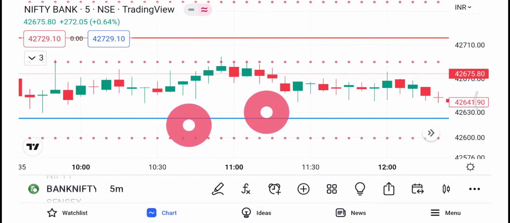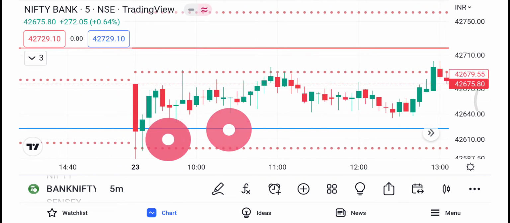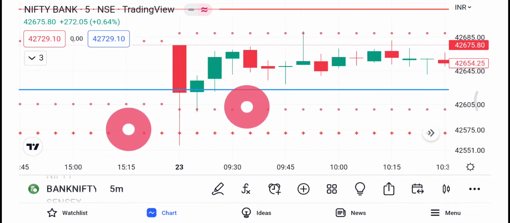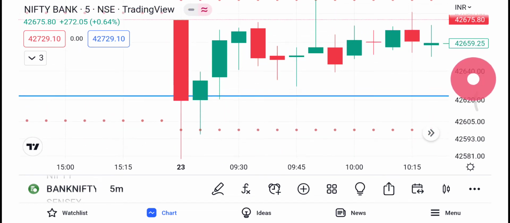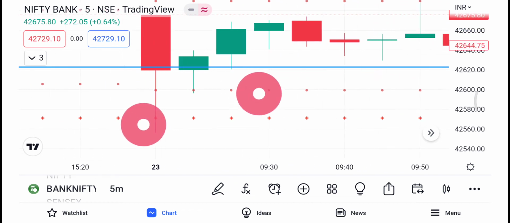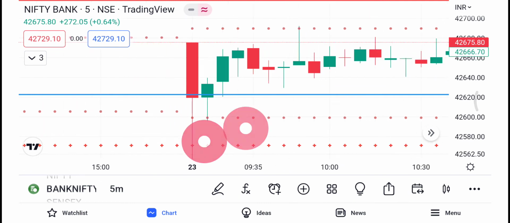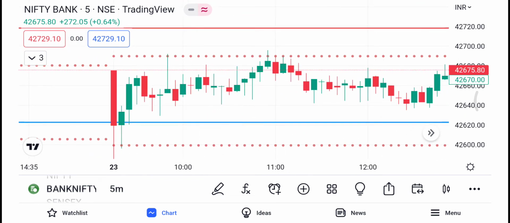The lesson which I learned today is, whenever I see this weekly high acting as a support, you can see clearly this first candle didn't entirely originate from the weekly high. This half candle is below this monthly resistance also. If the same probability appears in Nifty, you can see the candle is consolidating in Bank Nifty.